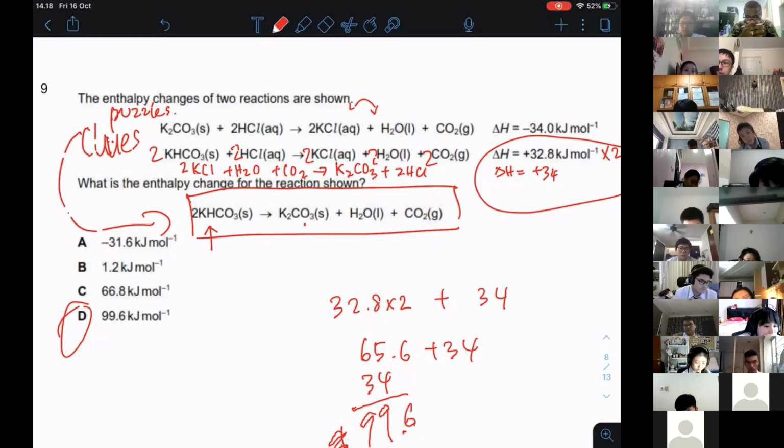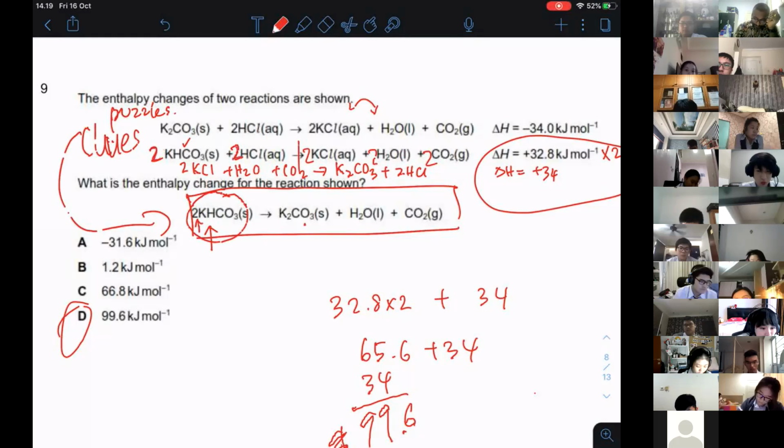So what you need to identify is you need to make sure that this KHCO3 is on your left hand side. I know that this is on my left hand side. Good. But I need 2 moles. I need to make sure everything is times by 2. That's why it's going to be times by 2. Then in this particular reference, I know that K2CO3 is on my right hand side.